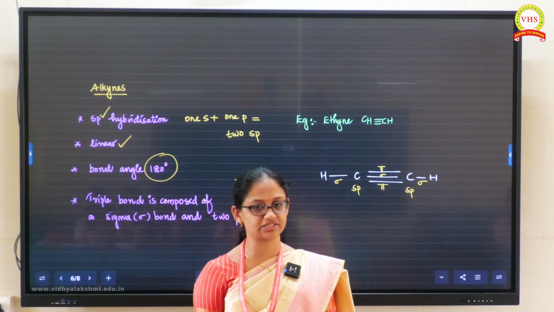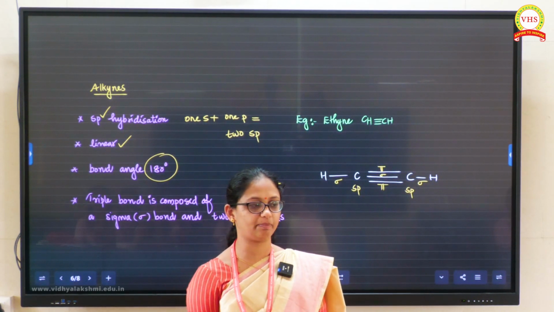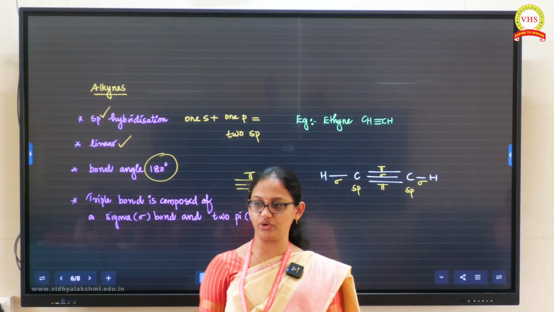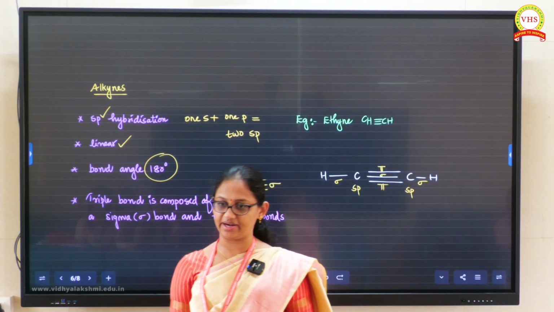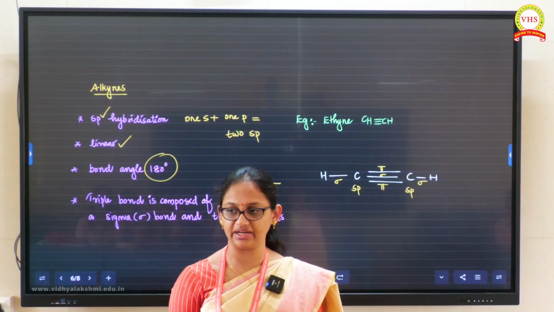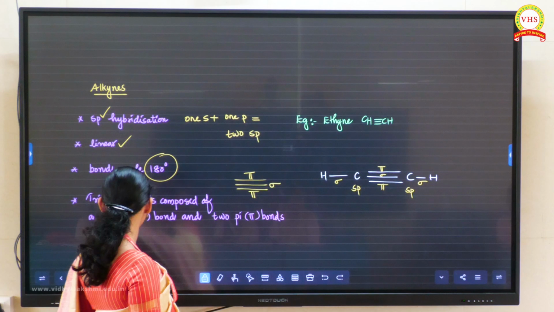Double bond: sp2 hybridization, trigonal planar, 120 degree bond angle, one sigma bond and one pi bond. Triple bond: sp hybridization, linear geometry, 180 degree bond angle, one sigma bond and two pi bonds.